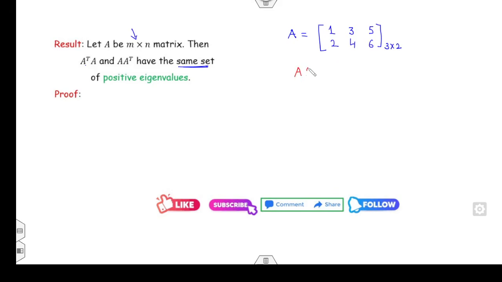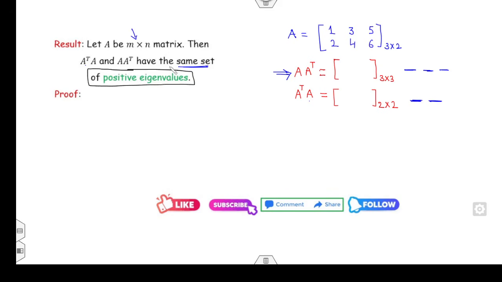Then if you write A into A transpose and A transpose into A, the matrix A into A transpose will be 3 cross 3, and A transpose into A is 2 cross 2. Then clearly the matrix A into A transpose has 3 eigenvalues, while the matrix A transpose A has 2 eigenvalues. And this result says both matrices have the same positive eigenvalues.